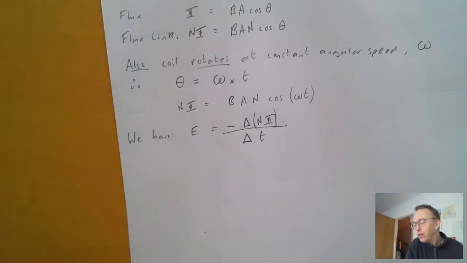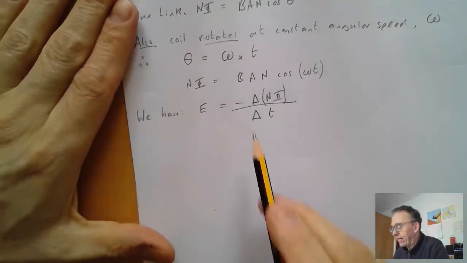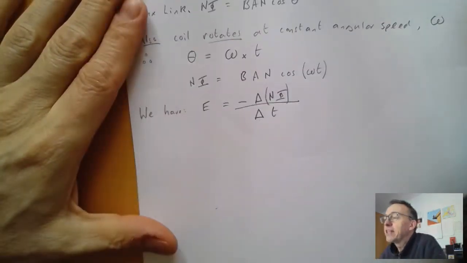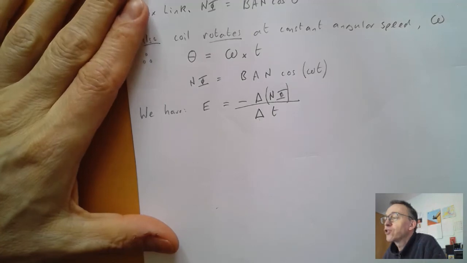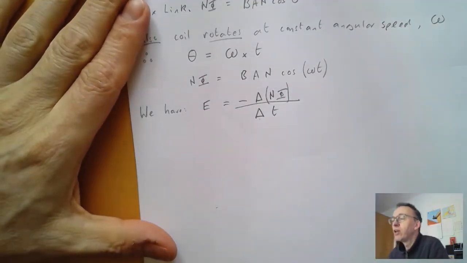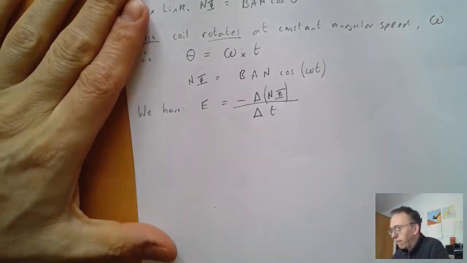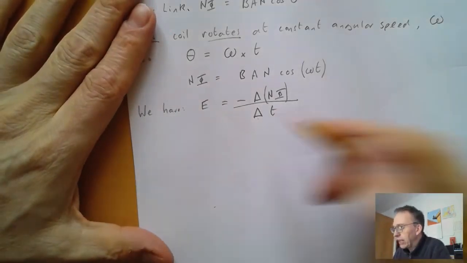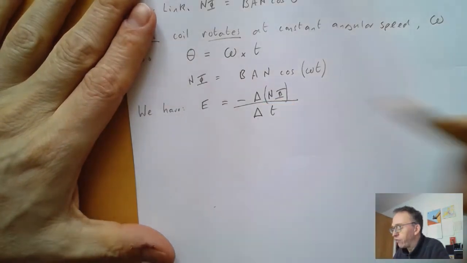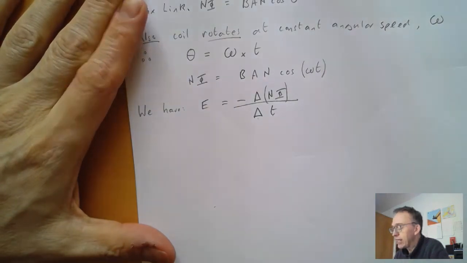Now, delta N phi is the change in N phi with respect to time. If we have a change in N phi over a change in t, that will be an average rate of change and therefore an average EMF.